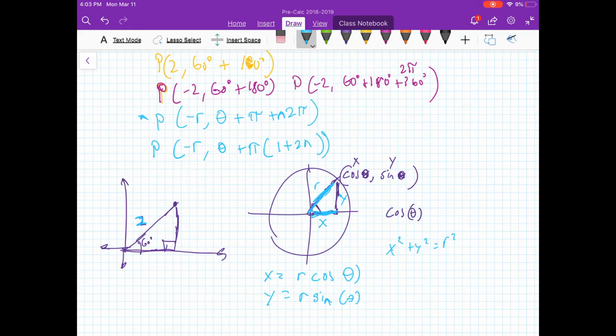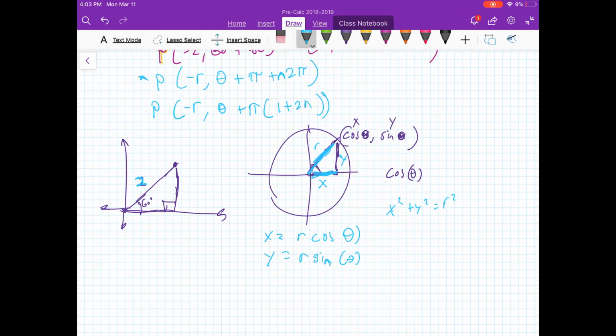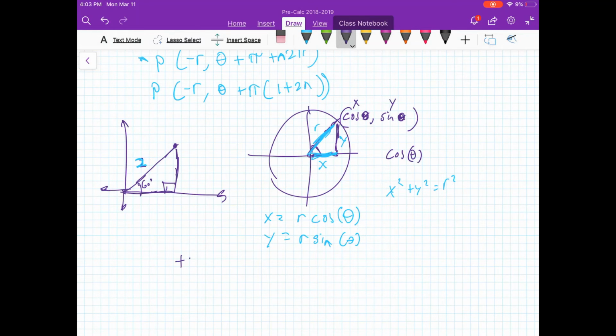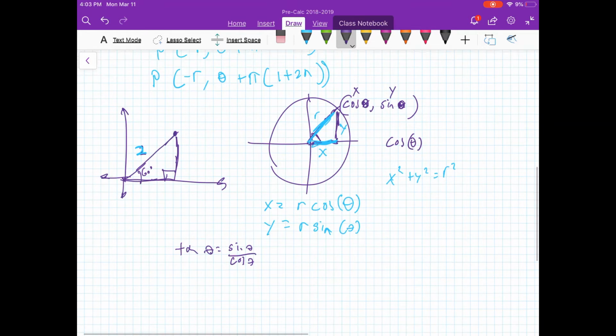Now let's say we want to find the tangent of theta. If we want to find the tangent of theta, we can do that pretty quickly. In fact, we could say that the tangent of theta equals the sine of theta over the cosine of theta. We know what the sine of theta is.